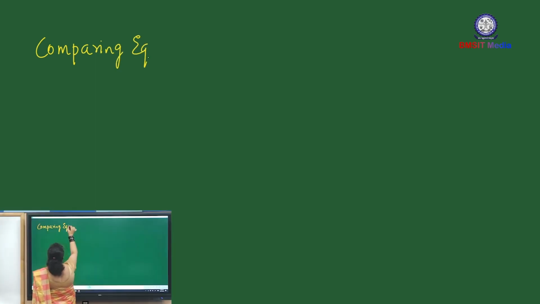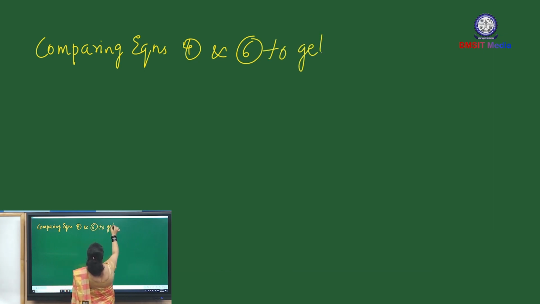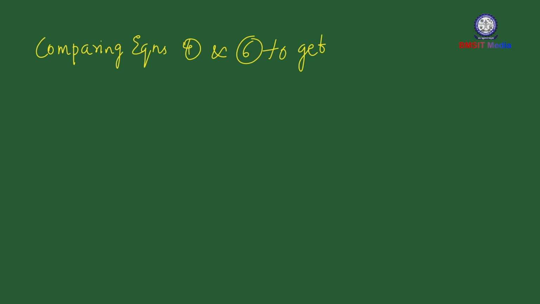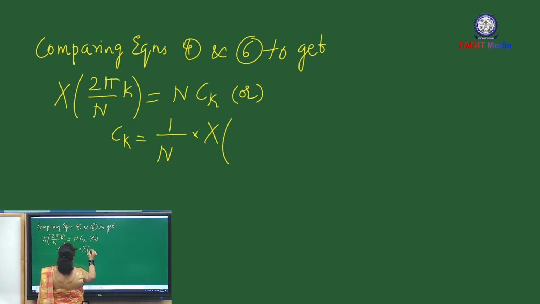So I am going to compare equations 4 and 6 to get X of 2 pi by N k is equal to N into ck, or ck is 1 by N into X of 2 pi by N into k.